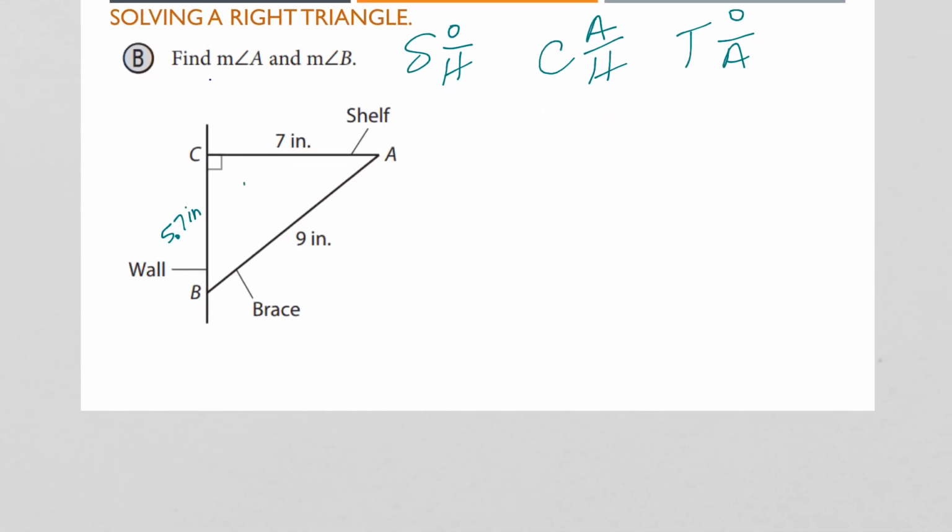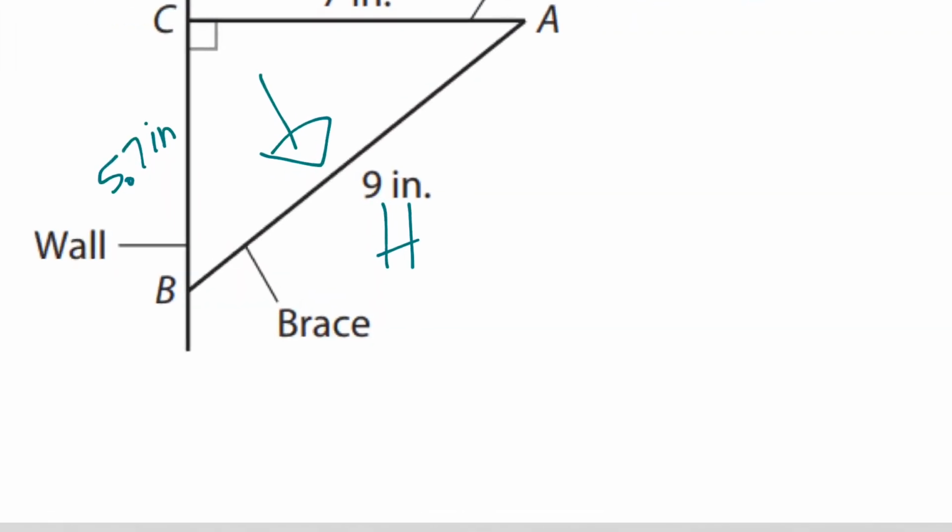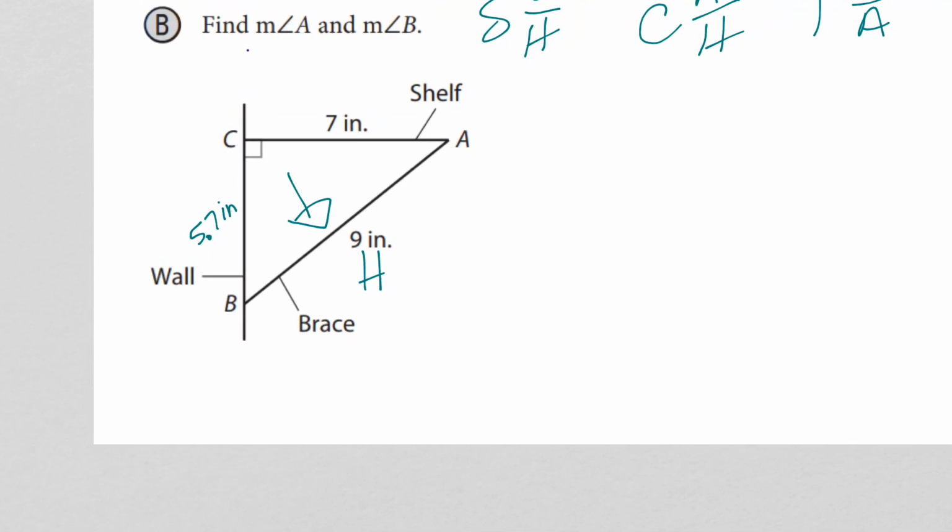I know my hypotenuse is 9. I'll find angle A first, since A is first. Opposite of angle A would be 5.7, which means this is my adjacent side.